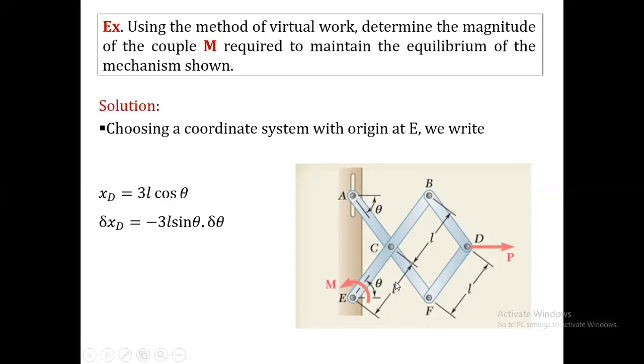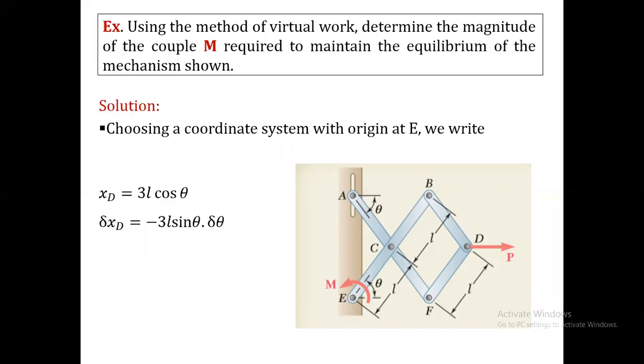That means the effect of P and M in the provided directions are opposite to each other. As we have decided that our origin is point E, we have to get the distance of the point of interest from point E.